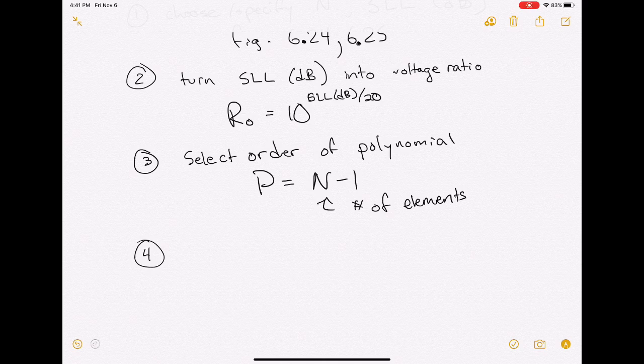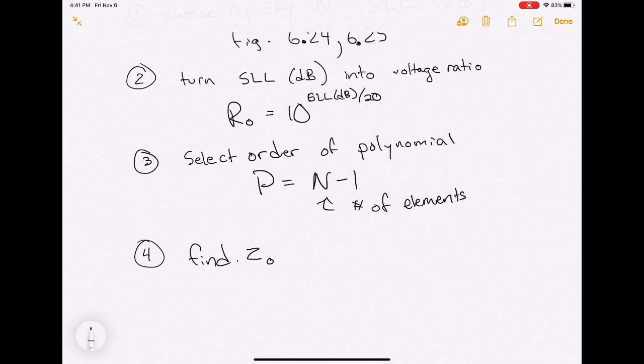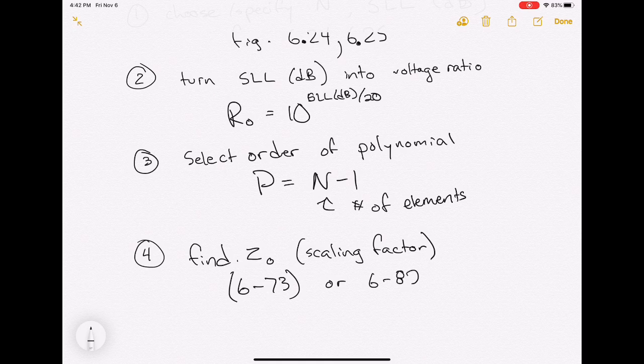Then you find the value of that scaling factor that you're going to do on our -1 to 1 window. So you find z naught, using one of two equations in our book, 6-73 or 6-82. They both work.